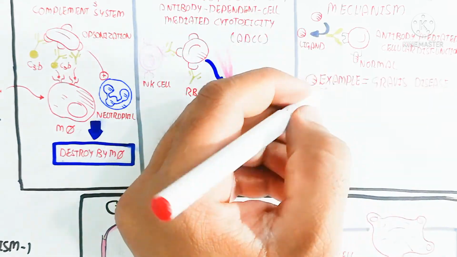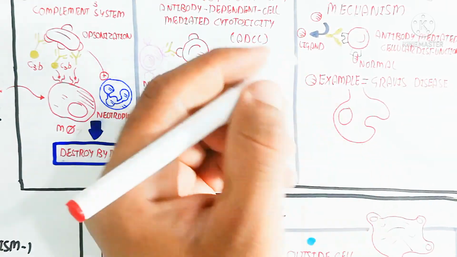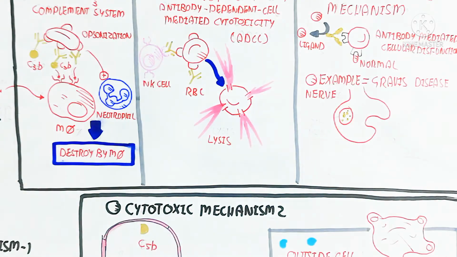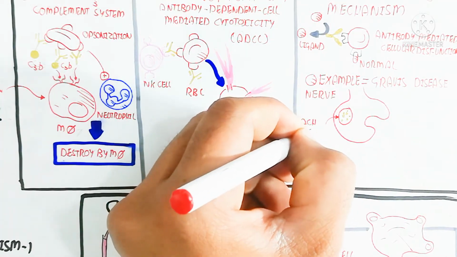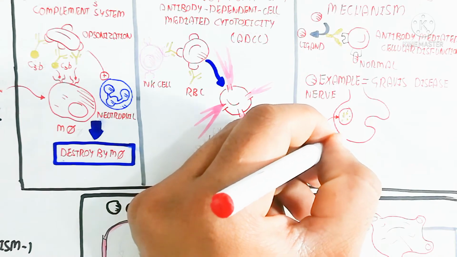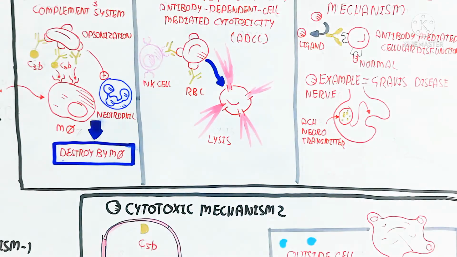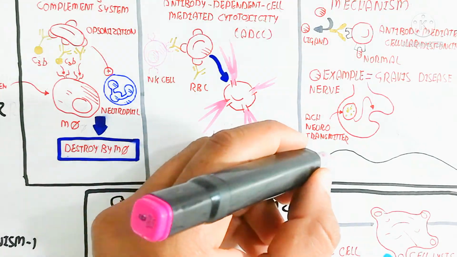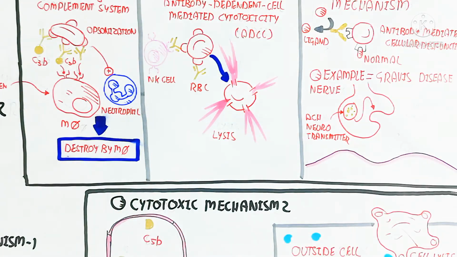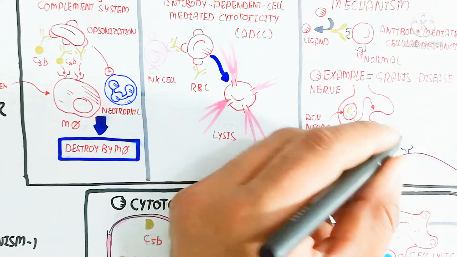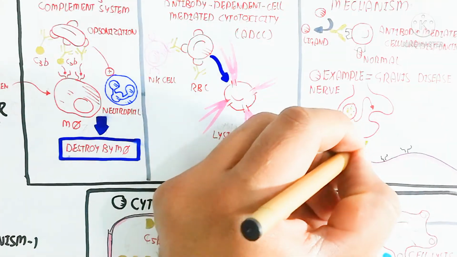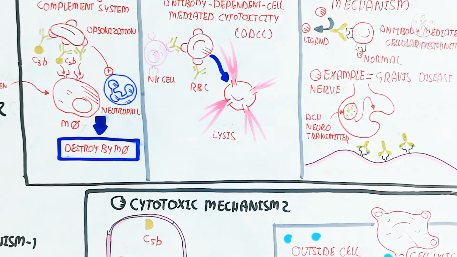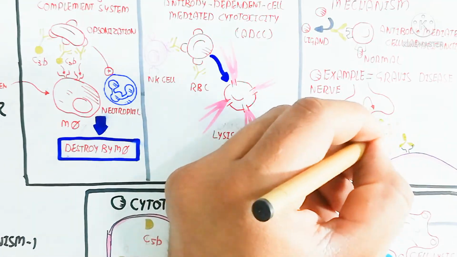The helper cell will recognize it, and the ligand will not bind because the receptor collapses as an antigen recognition. The major example is Graves' disease. In this way, the nerve impulse will release a neurotransmitter that should bind with the neurotransmitter receptor, but it will not bind because the neurotransmitter receptor acts as an antigen and binds with the antibodies.